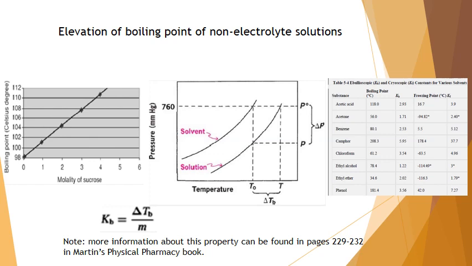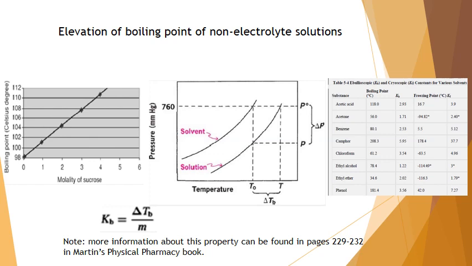Now, another important question is this: why is the boiling point of a solution higher than that of the pure solvent? The reason for the elevation of the boiling point is that the solute molecules try to decrease the vapor pressure of the solution, and in this case you need more heat to reach the boiling point of the solution.